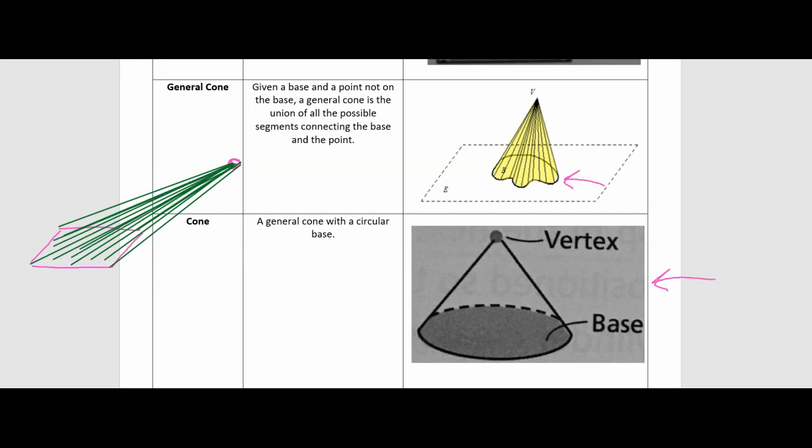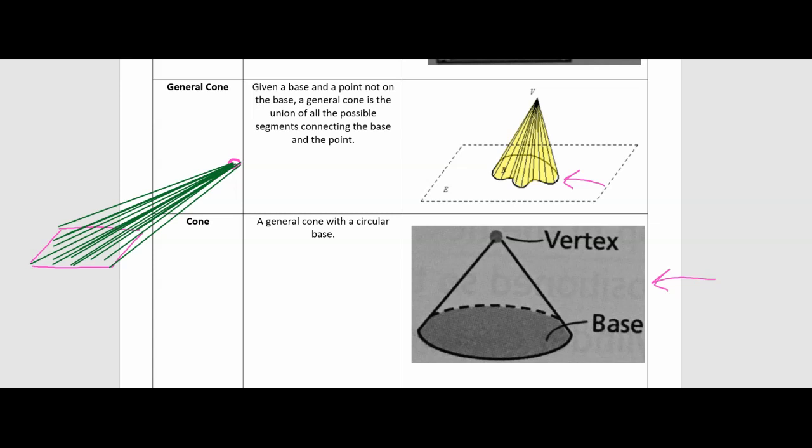But again, I'd have to draw an infinite number of these segments to fill out my shape, to make it a solid. So general cone: any shape base is okay, and there needs to be a point off the base, and the two are connected with segments.